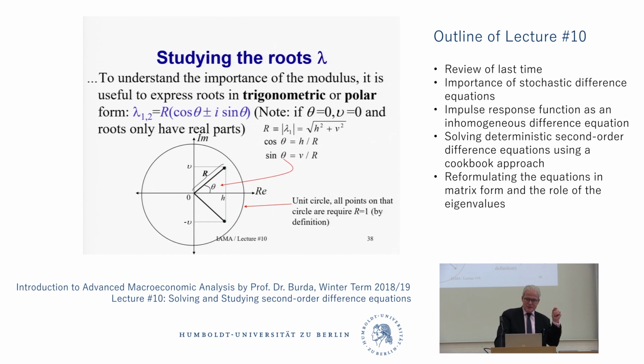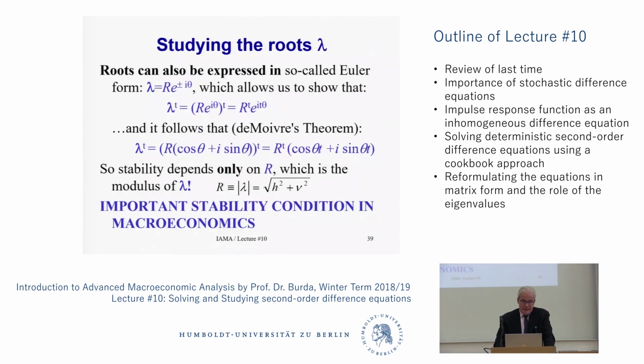If I want, I can use the polar expression of this, h plus nu times I, but I could also just express it in the form of cosine and sine. Okay? So how do I do that? Cosine theta plus I sine theta is the same thing as h plus nu I. Okay, they're the same expression.